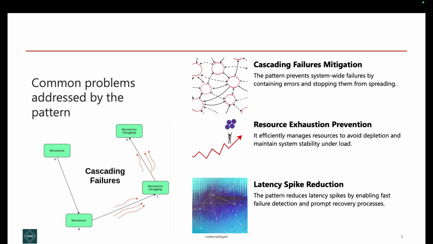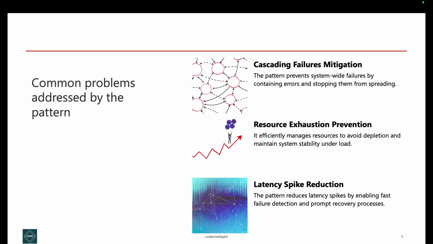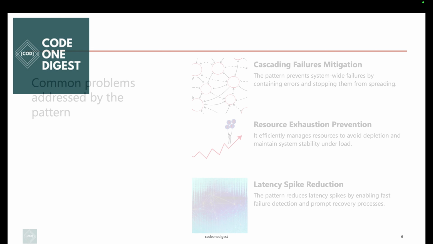That cascades to multiple microservices and the whole application experiences slowness. All of the services go into retry mode. Hence, it exhausts a lot of resources and our application experiences slowness. It also increases the latency because the dependent services are not responding. Hence, the calling service response time increases. So the solution to all these problems is the circuit breaker pattern.